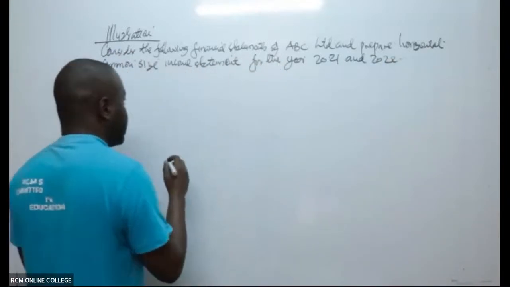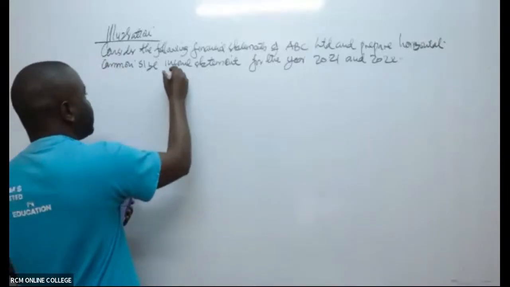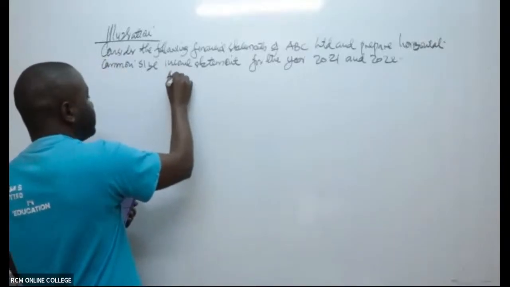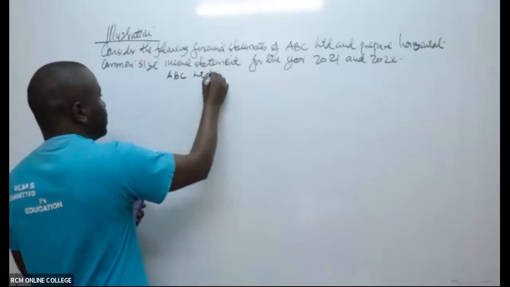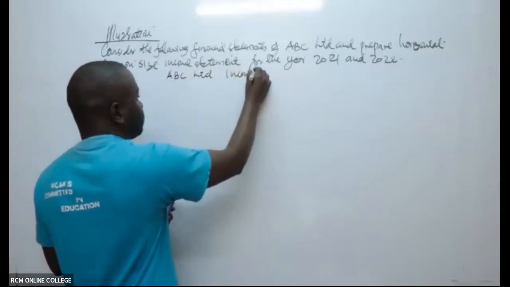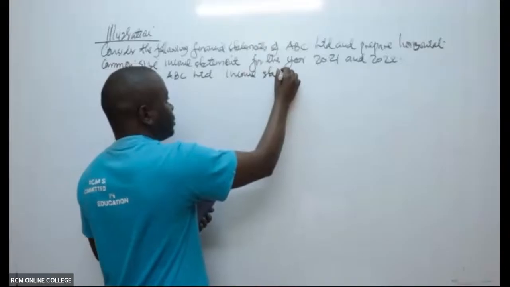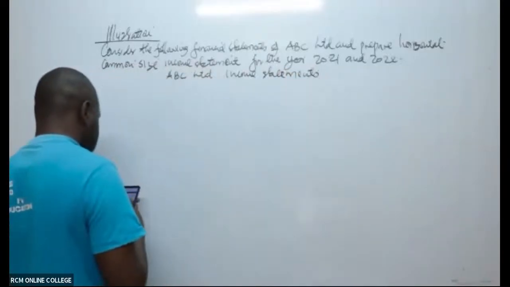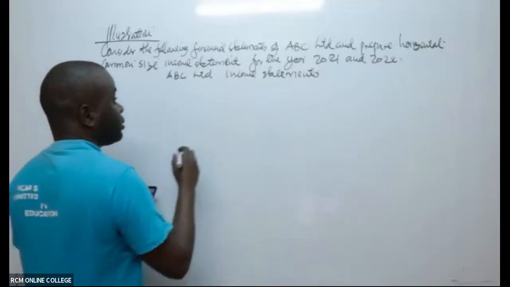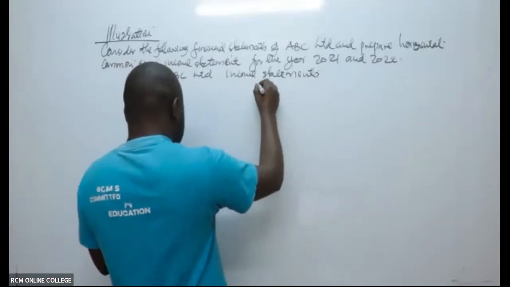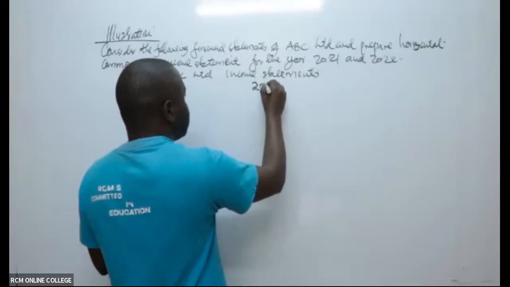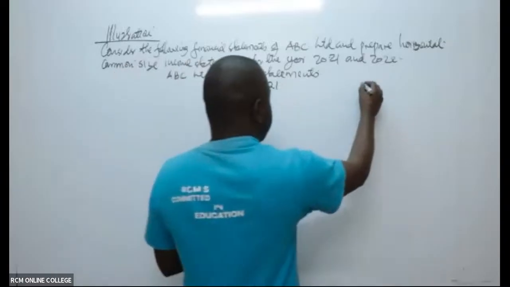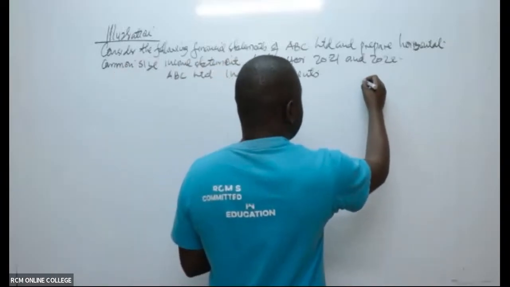So we can have the income statement here. ABC Limited income statements. You can have here the year 2021, then the year 2022.